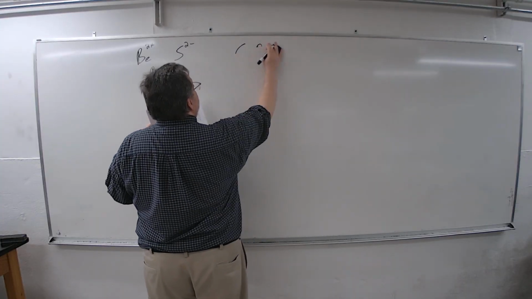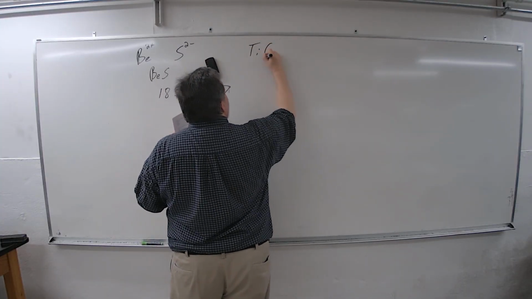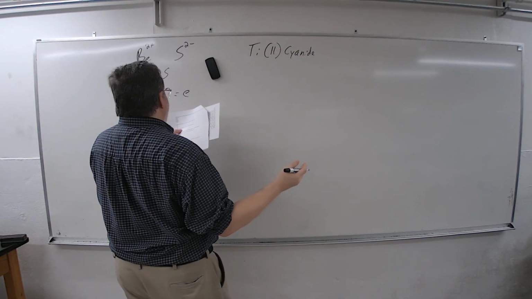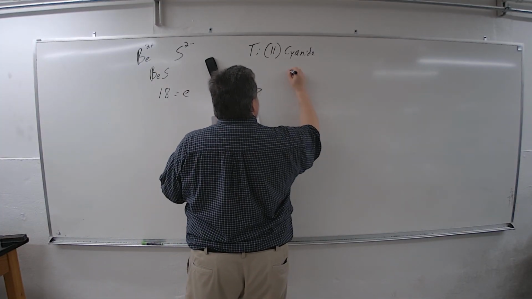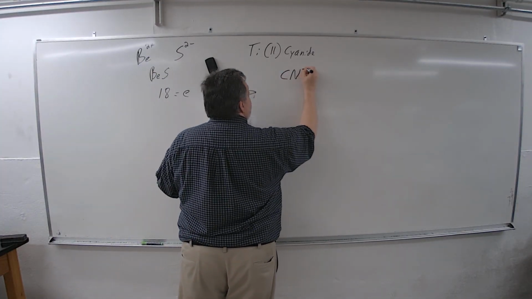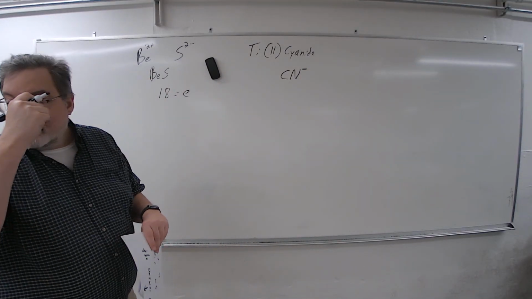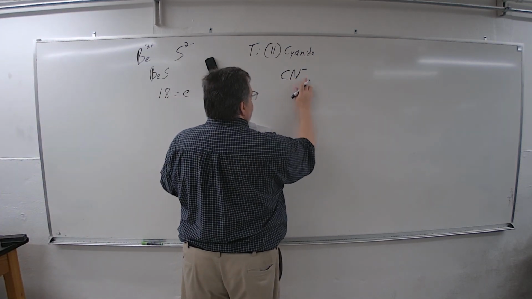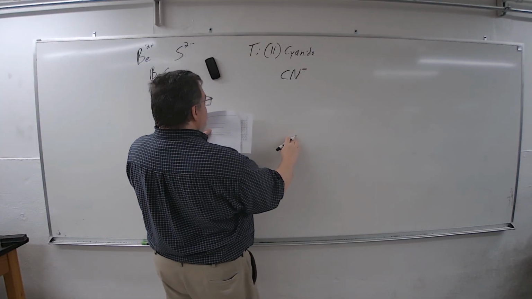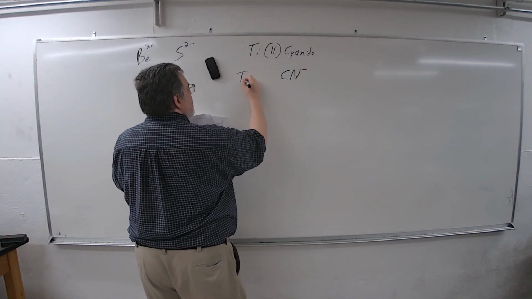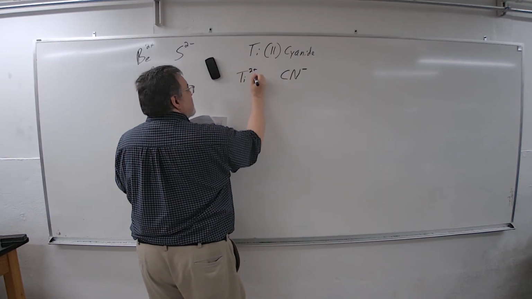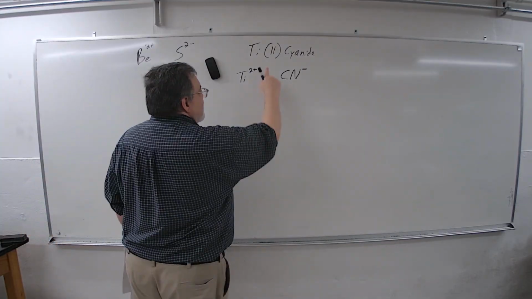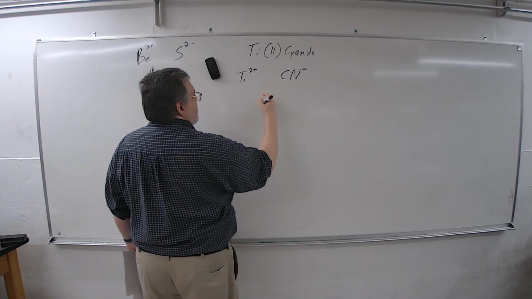Okay, titanium(II) cyanide. Maybe it's obvious from the answer there. Cyanide is this polyatomic ion, and it's 1 negative, and I did give you the page with all of them on there, so you should have been able to see that cyanide is CN, and it's 1 negative. All right, in titanium(II), because of that II there, we know it's 2 plus. You with me?